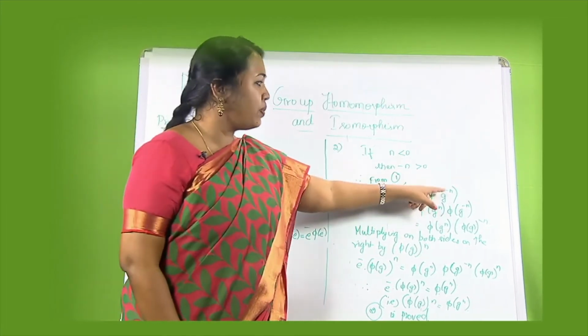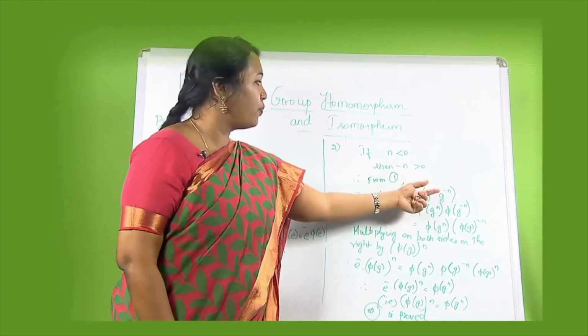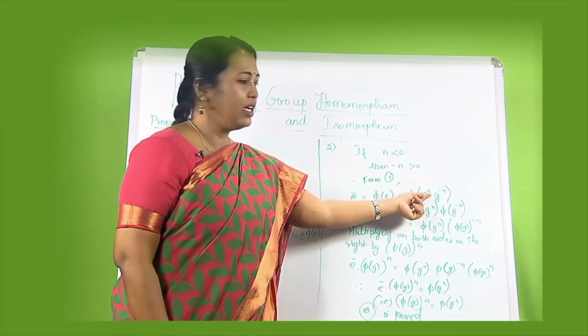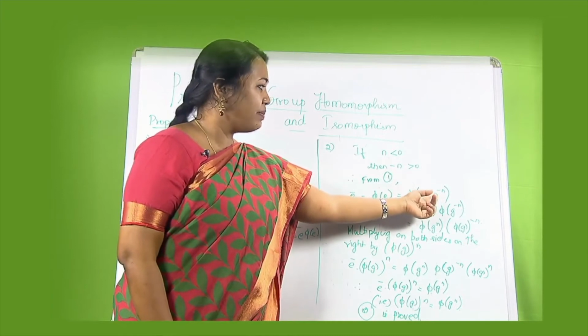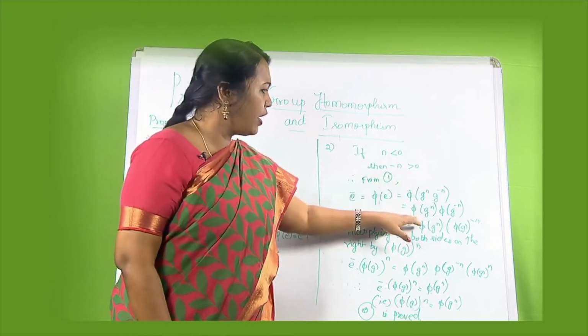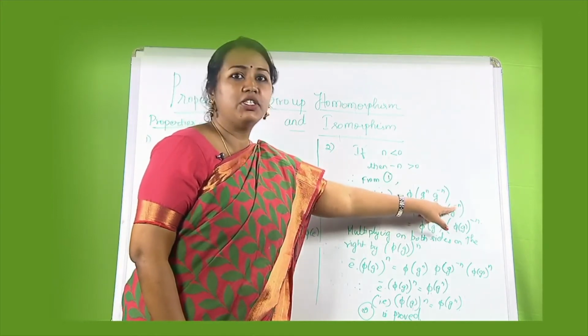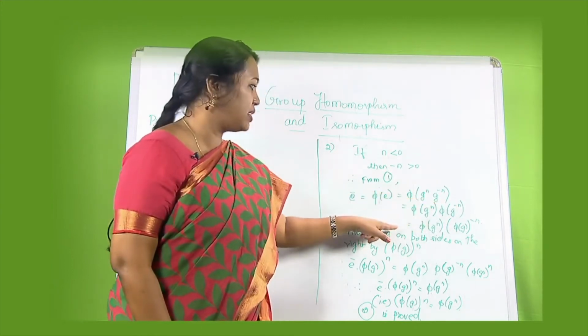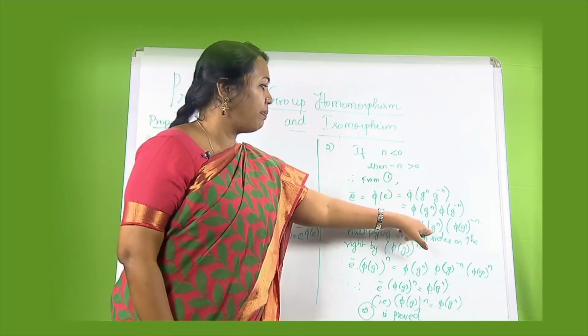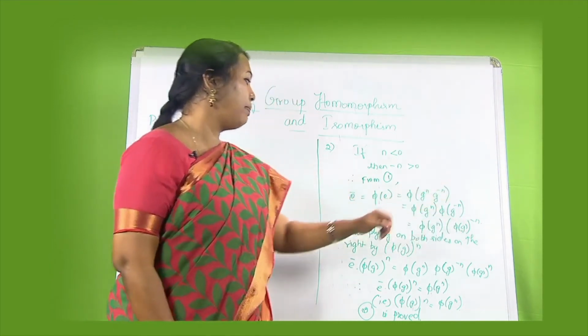We have taken a random element g power n times a random element g power minus n. Now phi of g power n times phi of g power minus n, this is due to the property of homomorphism, is equal to phi of g power n times phi of g the whole power minus n.